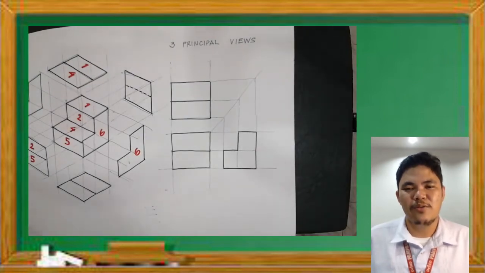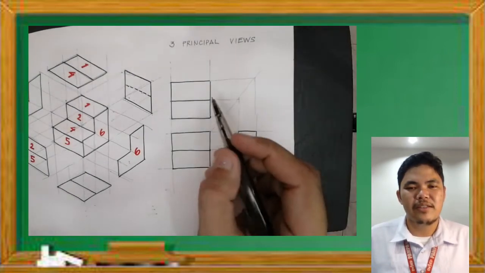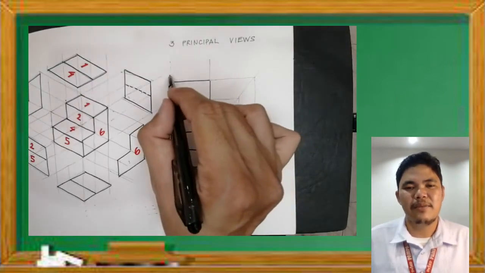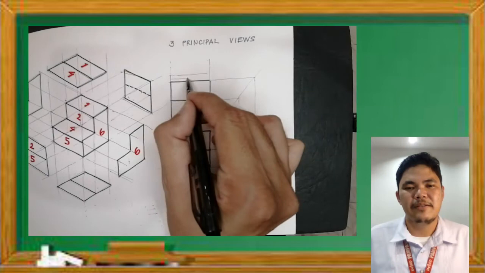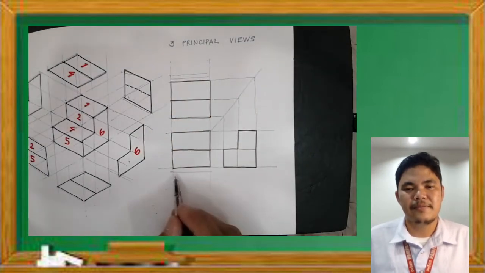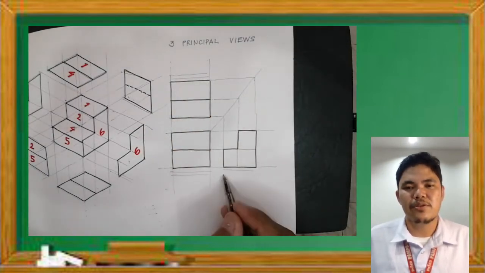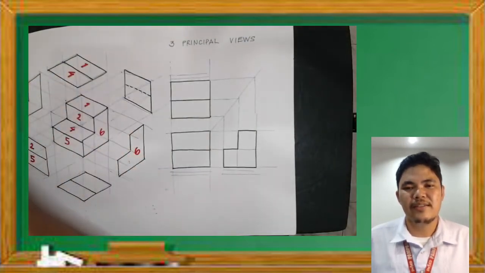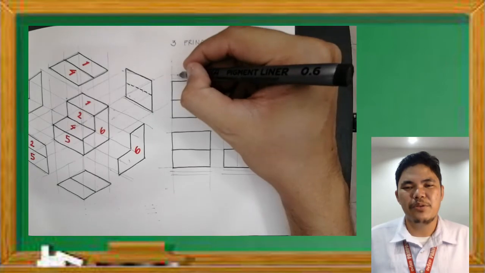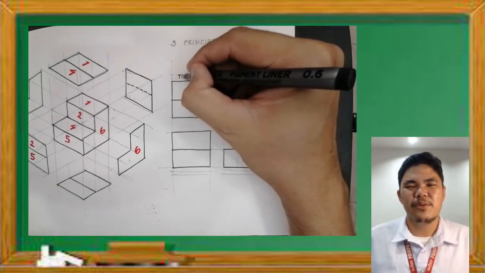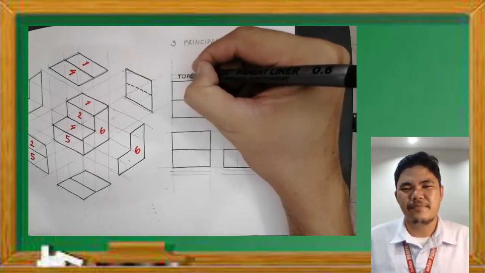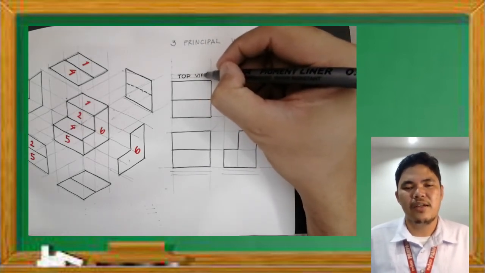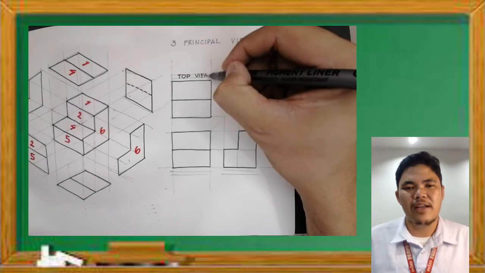Let us now put the names of the views. Here, I will first put guidelines for the letters so that they are even, and then I will name the views. What is the name of the one on top? This is what we call the top view, from the term top, meaning above. The names of both the front and side views will be put under the views.